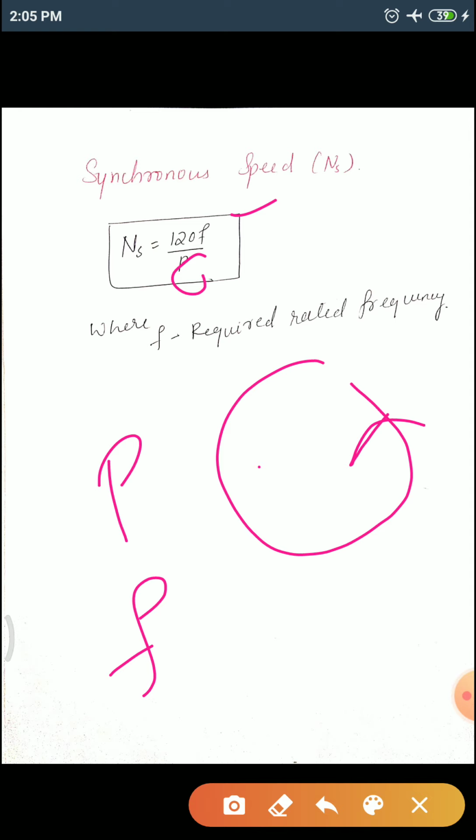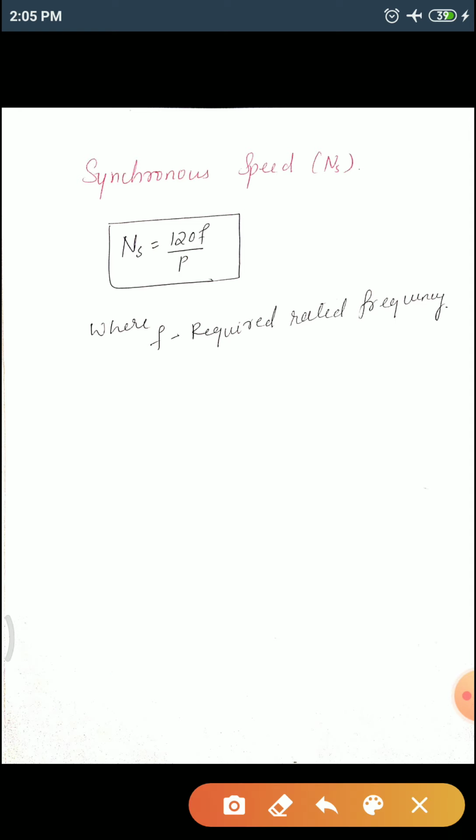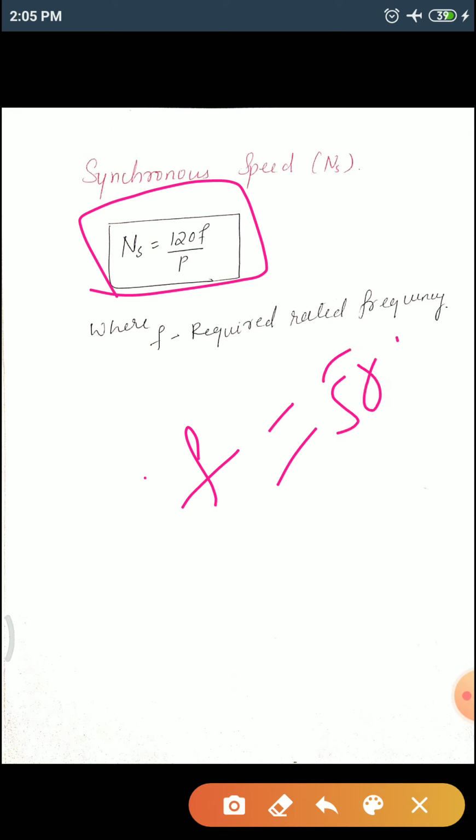That is given by Ns is equal to 120 F by P, where F is the required rated frequency. Remember, in India, the standard frequency of an alternating EMF is 50 hertz.